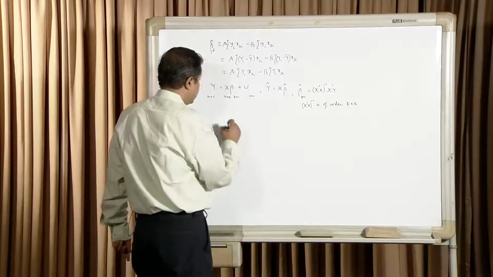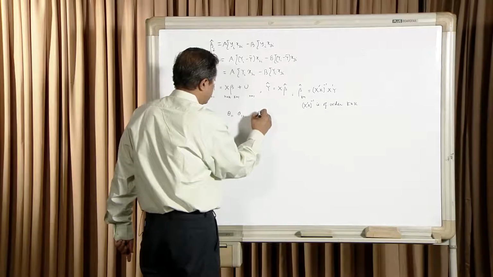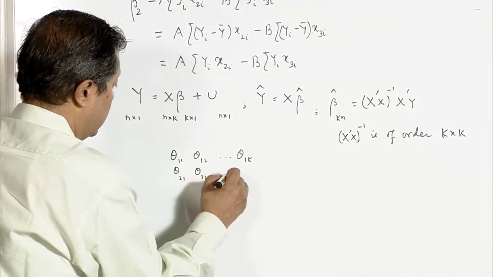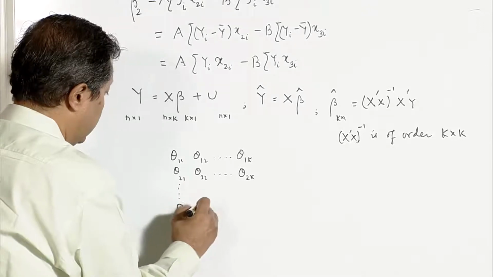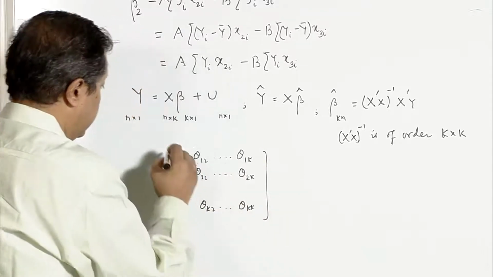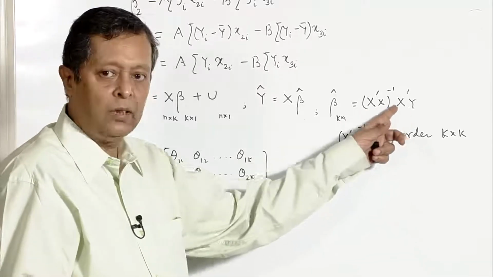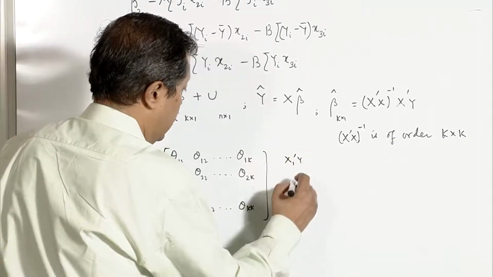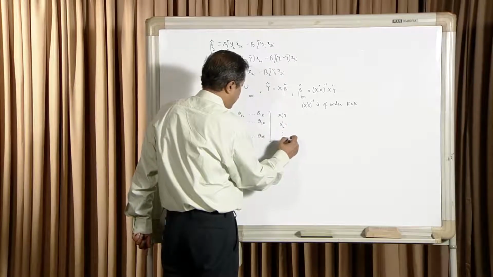We can write this as theta 11, theta 12, up to theta 1k, theta 21, theta 22, up to theta 2k, and finally theta k1, theta k2, up to theta kk. That is our representation of x prime x inverse, and the second component x prime y will be x1 prime y, x2 prime y, and so on up to xk prime y.